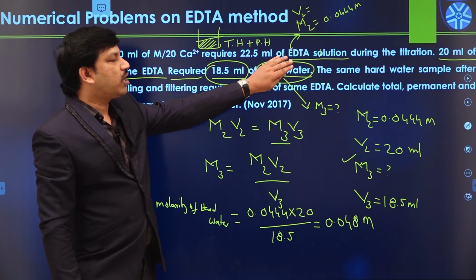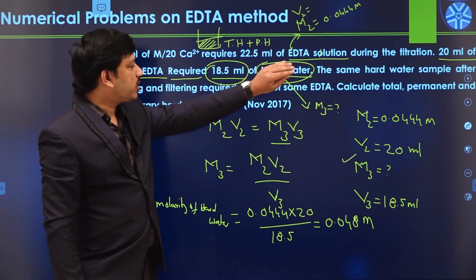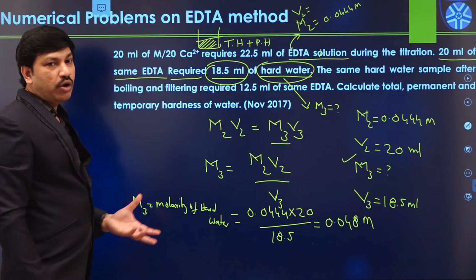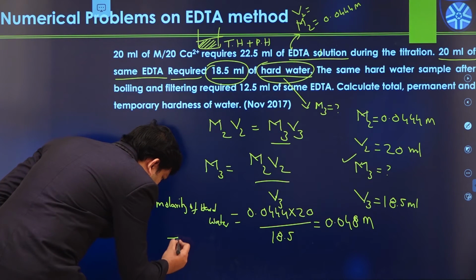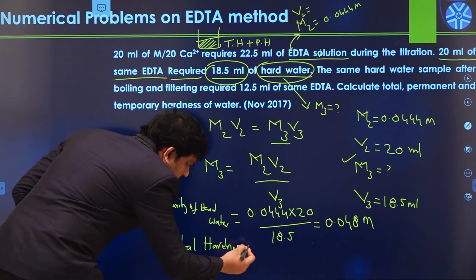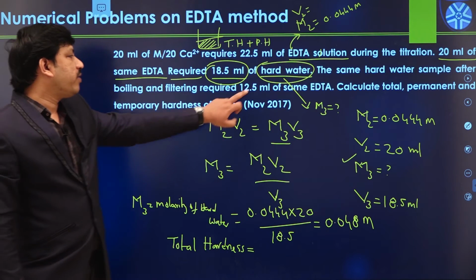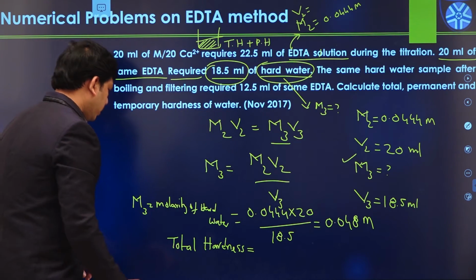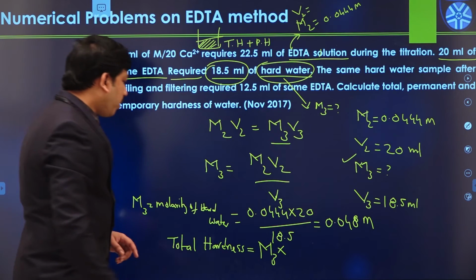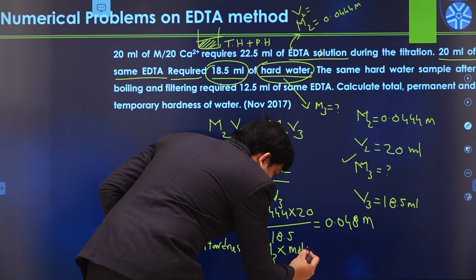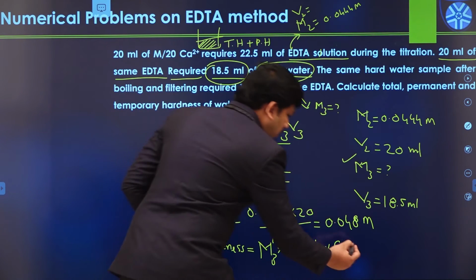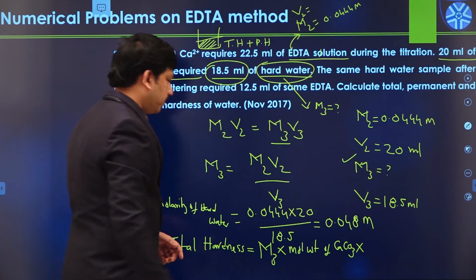Here, for the second point, this is the hard water sample we have. Now this water sample has a hardness molarity value, the M3 value. So then calculate the total hardness value. Total hardness is equal to the molarity of the given water sample, that means the hard water sample, in this case M3, into the molecular weight of calcium carbonate and into 1000 ppm.